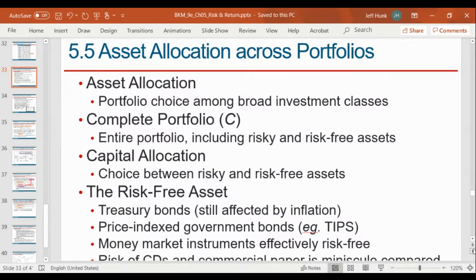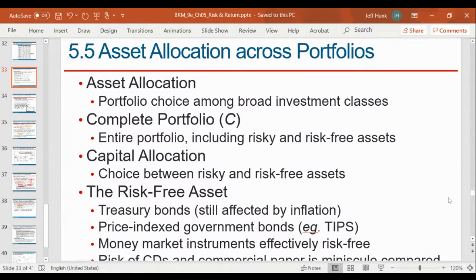But actually, a better well-diversified portfolio would include not only stocks, but also bonds and risk-free assets, all three different asset categories: stocks, bonds, and risk-free assets. Therefore, a complete portfolio is an entire portfolio including risky and risk-free assets.